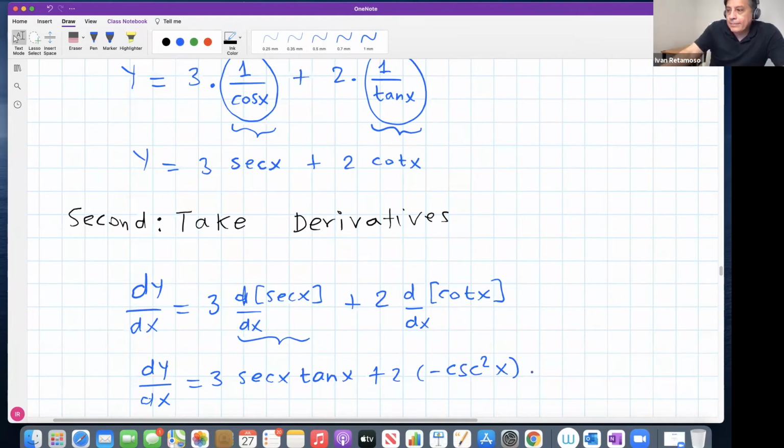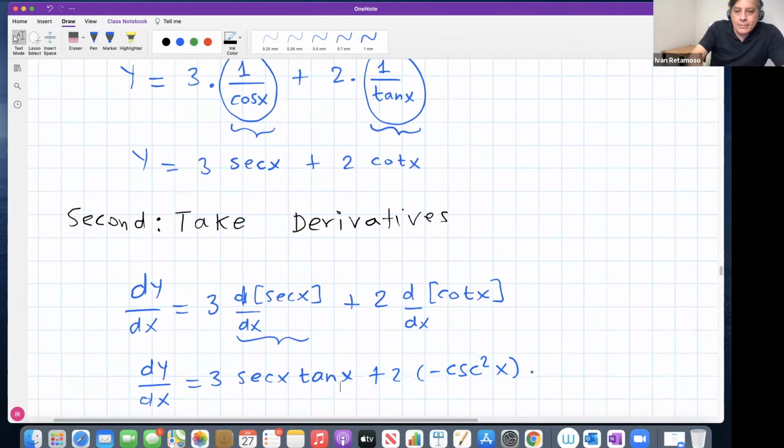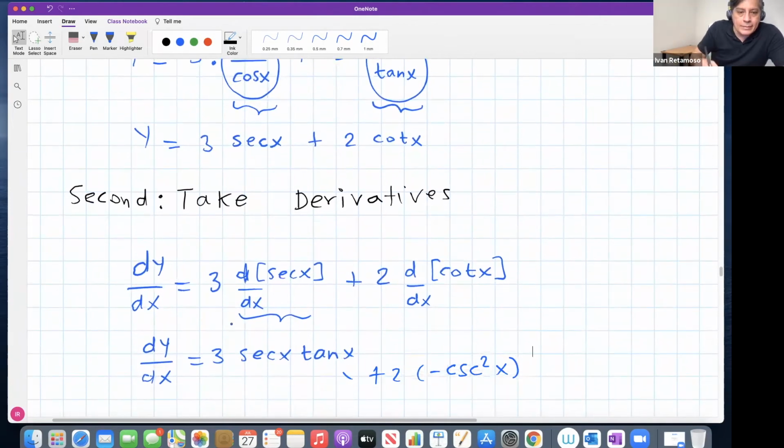So bottom line, this should be just equal to the following. Let's write it once and for all.